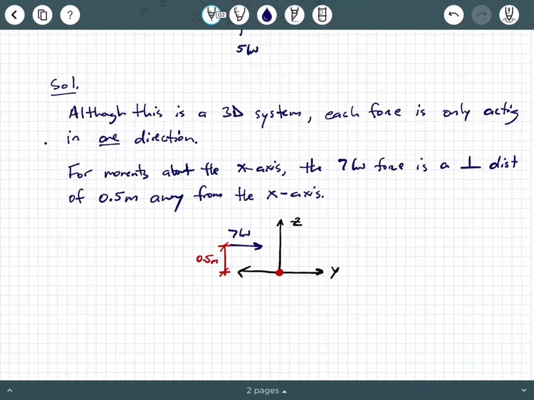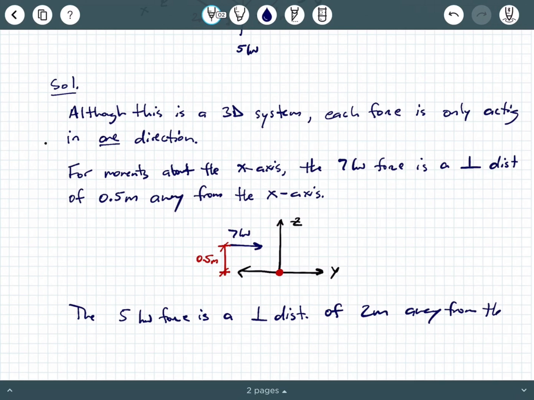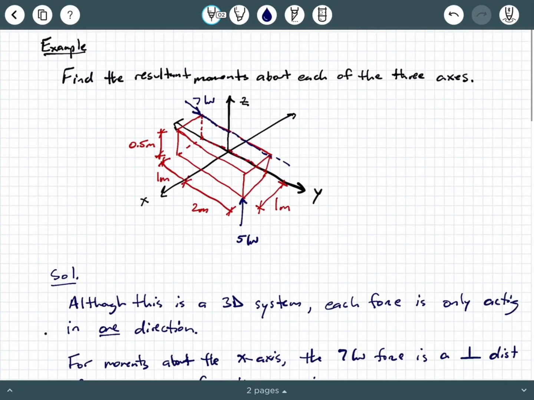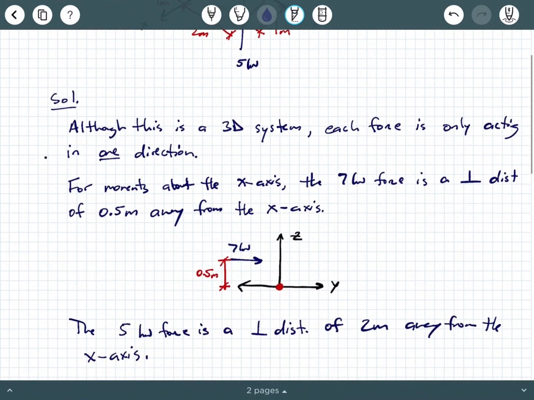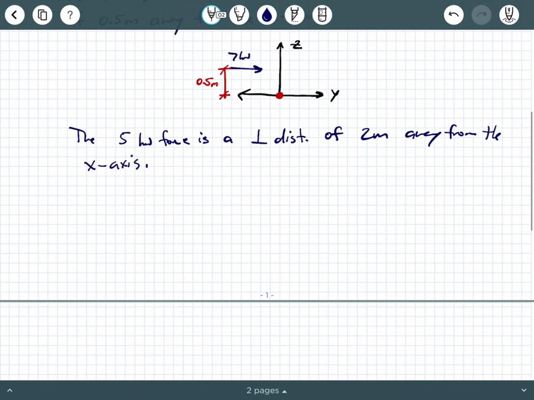All right, so I can also say over here, the 5 kilonewton force is a perpendicular distance of 2 meters away from the x-axis. So let's look at maybe a 2D visualization of that. In 2D, notice I have the XZ plane here.